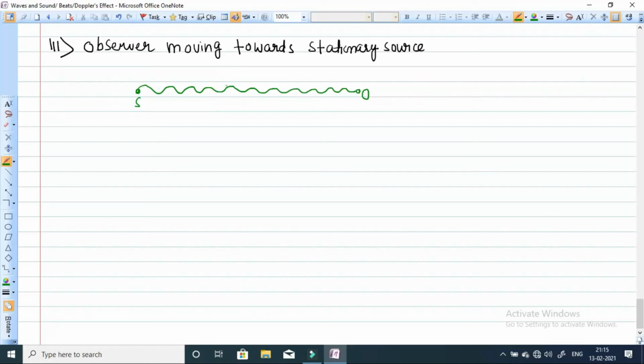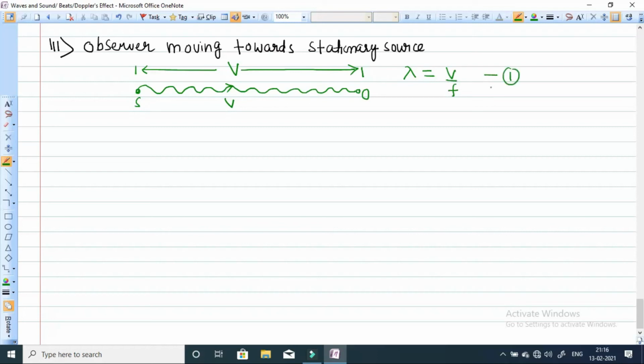Suppose this sound has got the speed v, then it will occupy this distance in 1 second, v into 1, that will be equal to v. So for this case we can calculate the apparent wavelength and frequency. The actual wavelength lambda will be equal to v by f. This is your equation number 1.